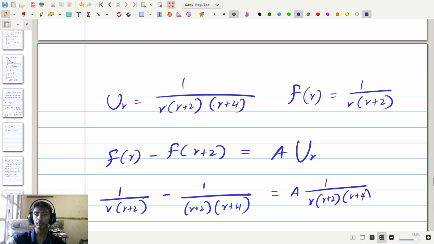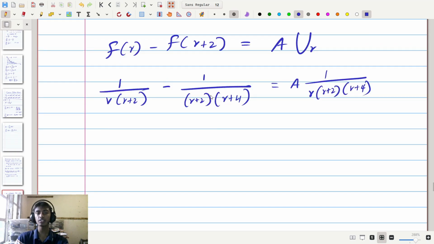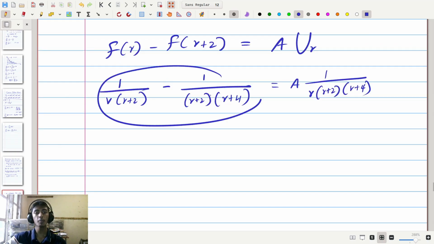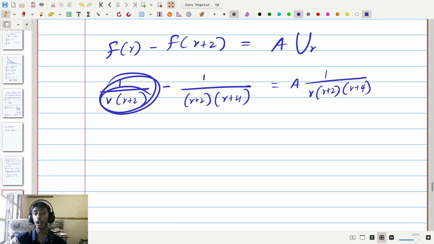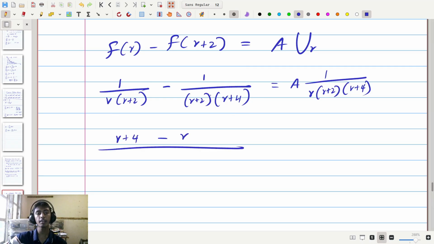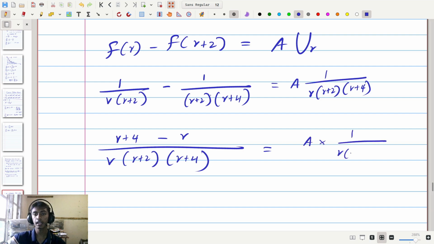Now, we can see here that these two could be taken into a common denominator. To do so, this needs to be multiplied by r plus 4, and this needs to be multiplied by r. Doing so, we get r plus 4 minus r divided by r times r plus 2 times r plus 4 being equal to a times 1 divided by r times r plus 2 times r plus 4.